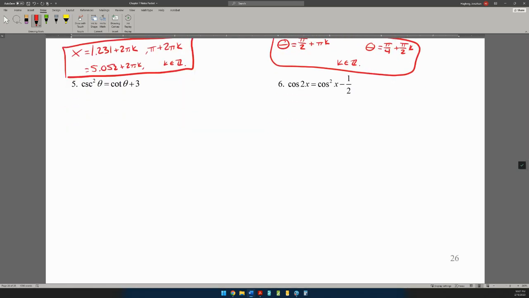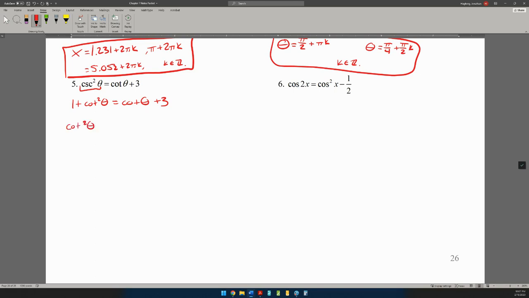Okay, last two, here we go. We have cosecant squared theta equals cotangent of theta plus 3. So I notice we have cosecant squared. Let's use that substitution. Pythagorean identity, 1 plus the cotangent squared. And so then we get equals the cotangent of theta plus 3. Okay, let's move everything over to one side, combine like terms.